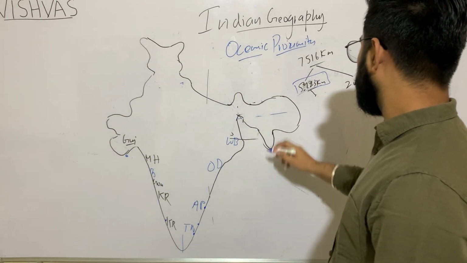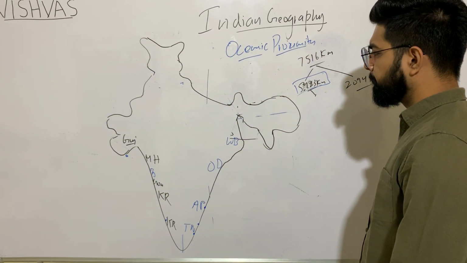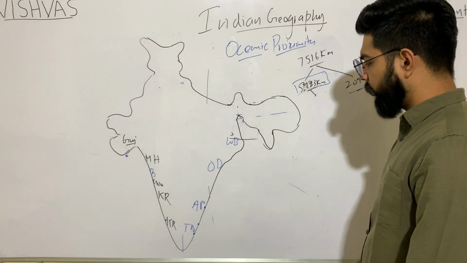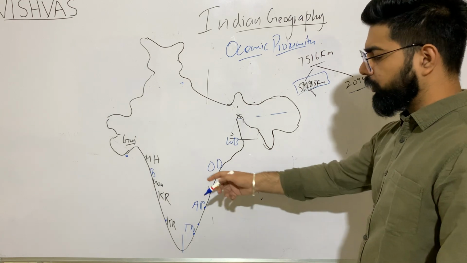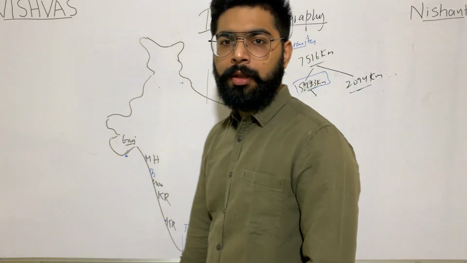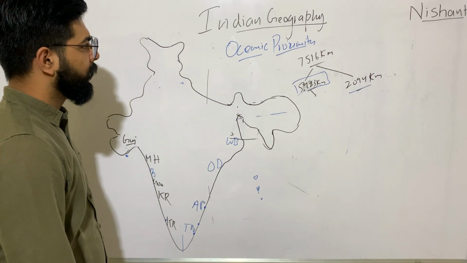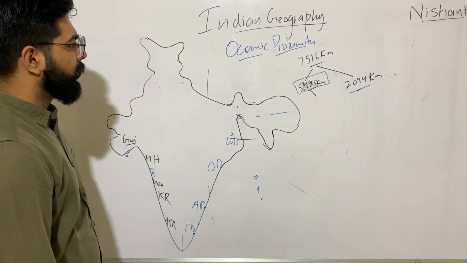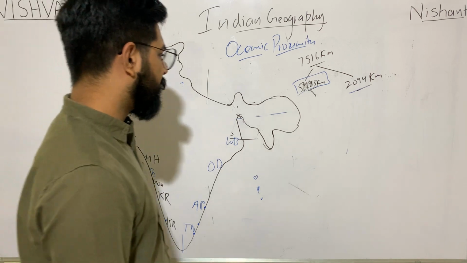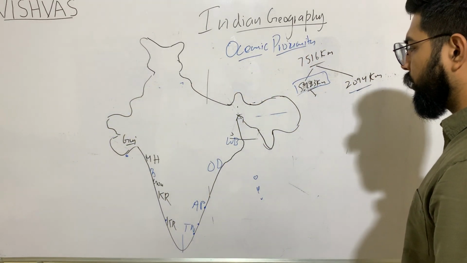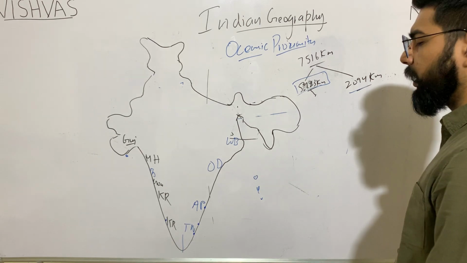5423 kilometer of mainland India and 2094 kilometer of Lakshadweep and Andaman and Nicobar. Acha, I forgot to tell you something: what is the total area of India?